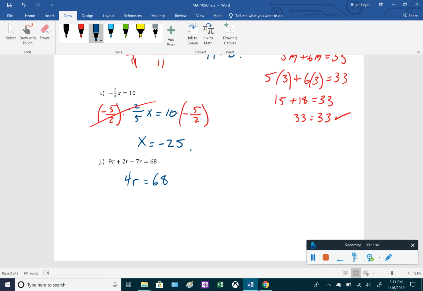So we get 4r equals 68. So we have to divide both sides by 4 to cancel that 4. And 68 divided by 4 is 17. So we get r equals 17. Okay, so that's it for 2.2.